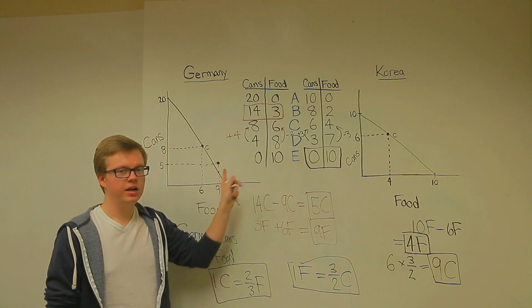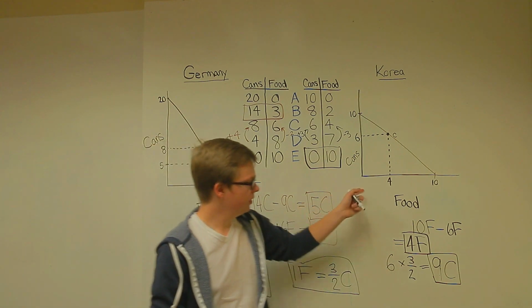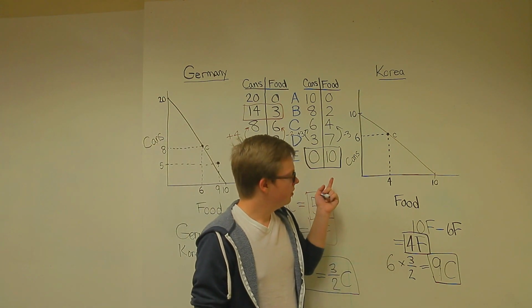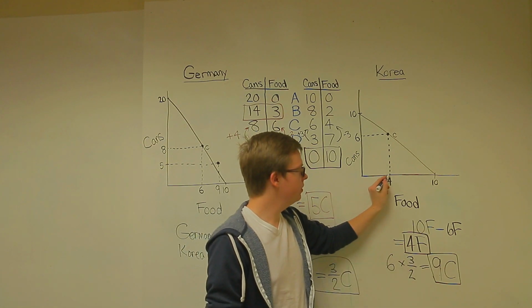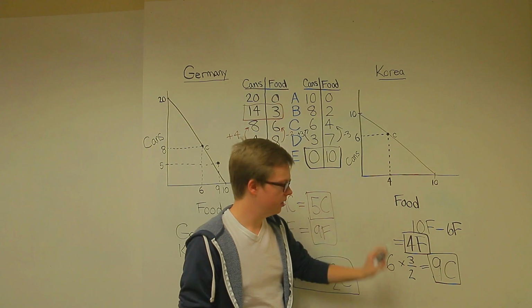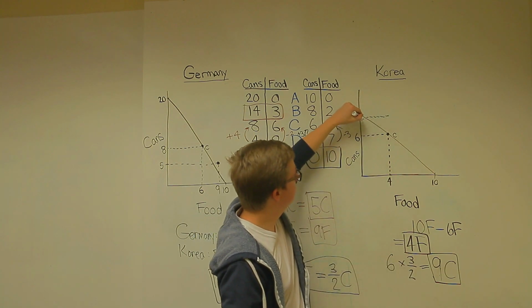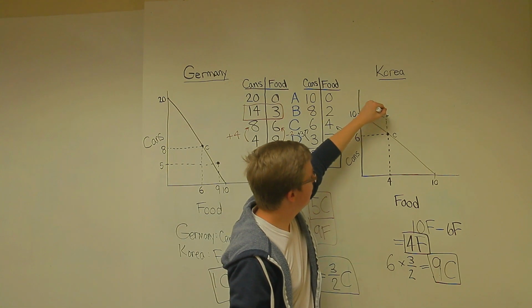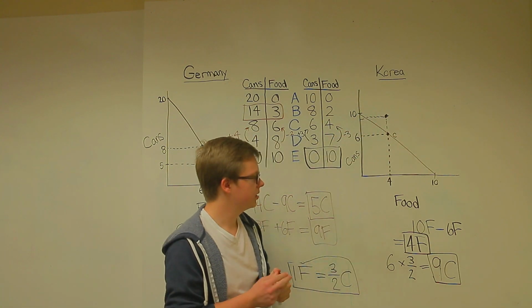So by trading, they end up with more than they could have produced by themselves. And the same thing happened for Korea. After trading, they had 4 units of food, which is right here, and 9 cans, so they're all the way up here for cans, and they also ended up outside of their production possibilities curve.